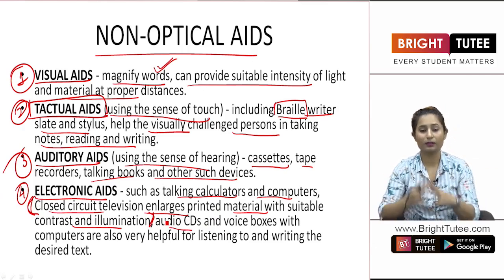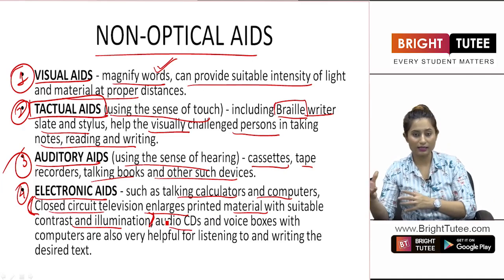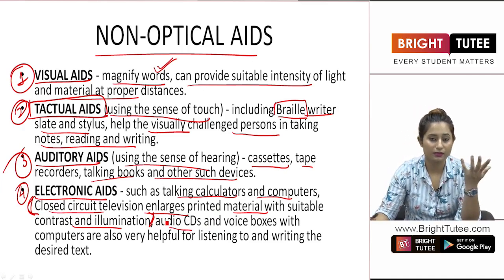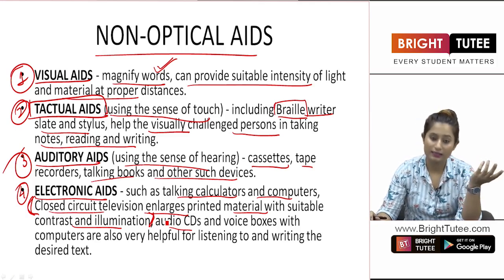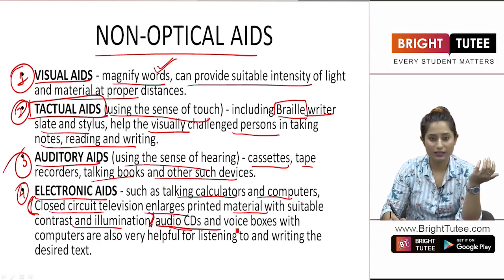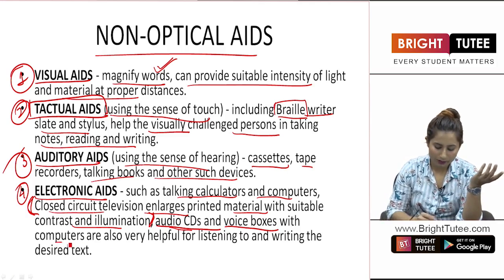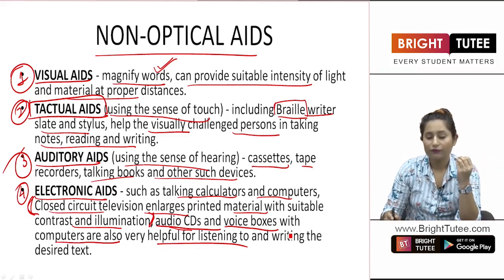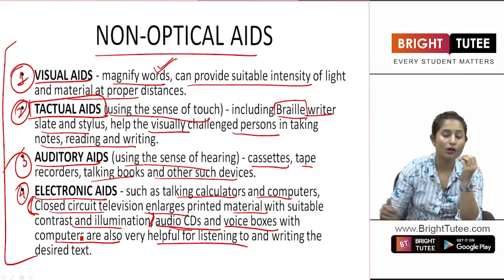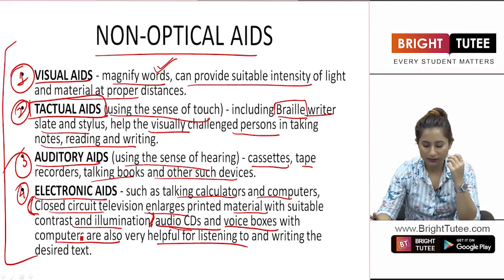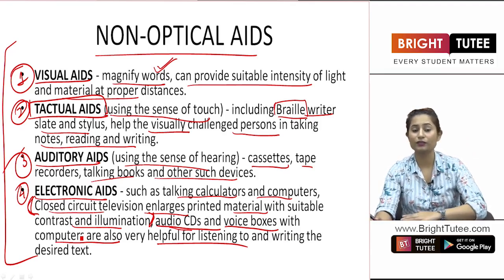It enlarges printed material with suitable contrast and illumination, which helps the person with disability to look at that very easily. Then audio CDs, voice boxes with computers are also very helpful for listening to and writing the desired text.